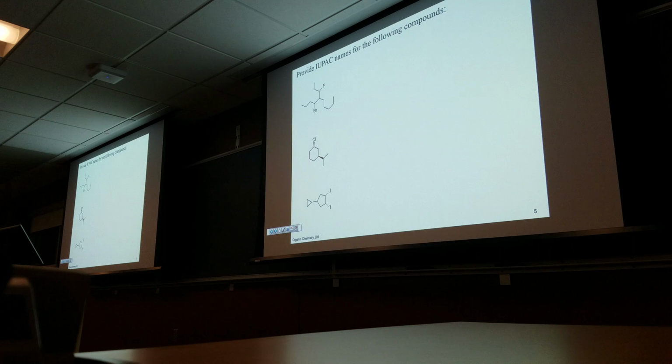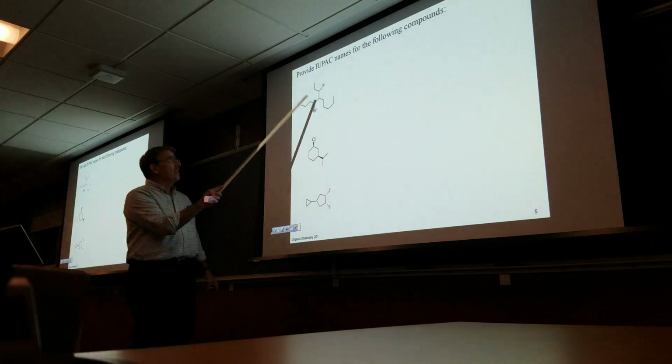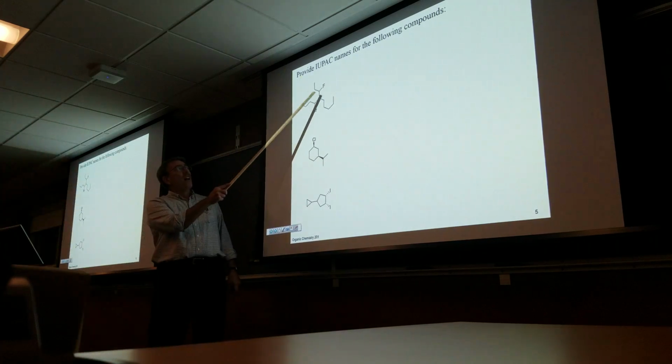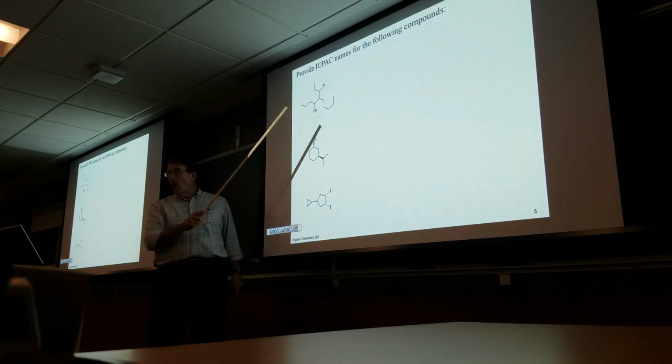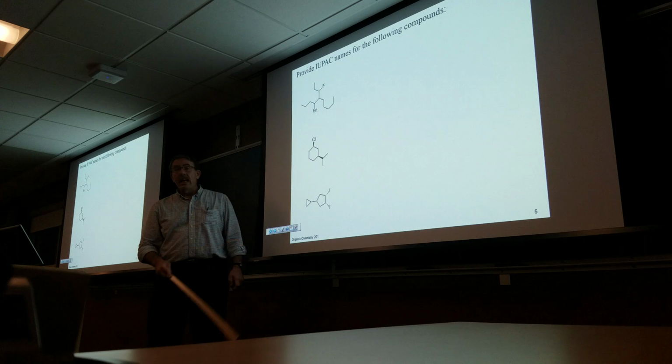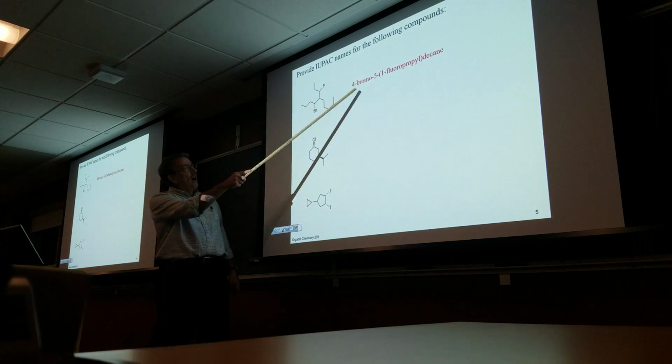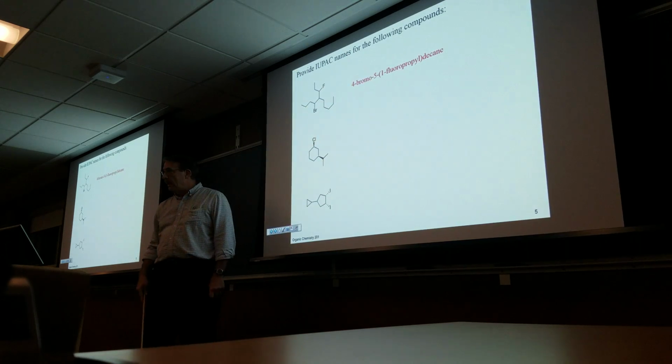So in this case, we could think of it as being the racemic mixture because it's not actually identified as coming out at you or going back into the board. So I haven't shown any stereochemistry here. So I'm going to have a 4-bromo, a 5-(1-fluoropropyl)decane.